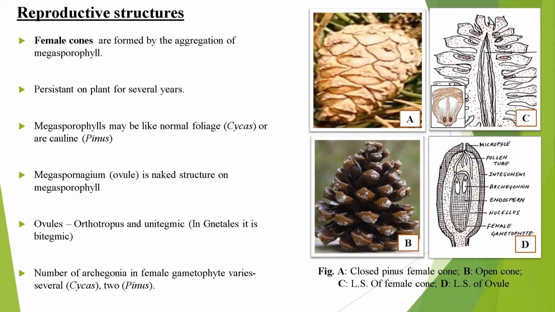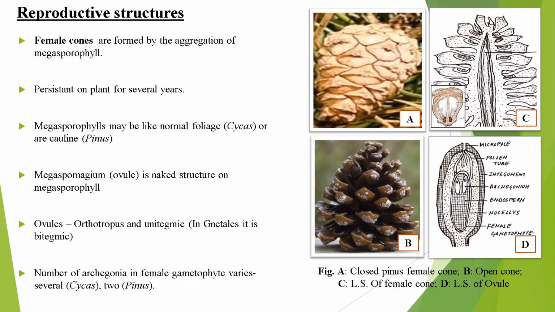Just like male cone, female cones are also formed by aggregation of megasporophyll, but they persist on plant for several years. Immature cone remains closed, and after fertilization on maturity it opens up for the dispersal of seed. Megasporophyll may be like normal foliage as in the case of Cycas, or may be cone-like as in the case of Pinus.